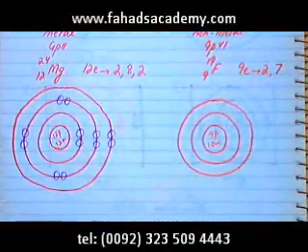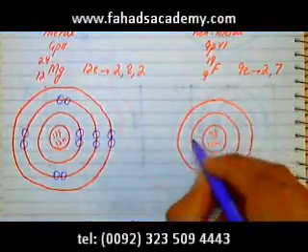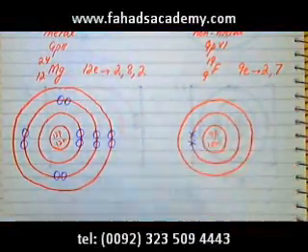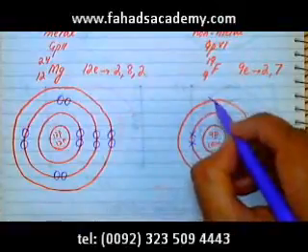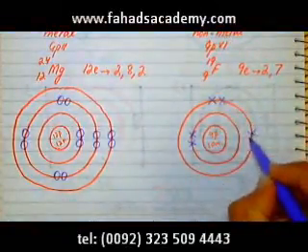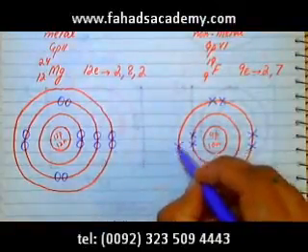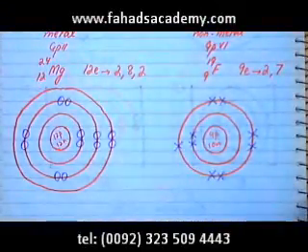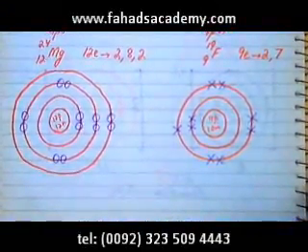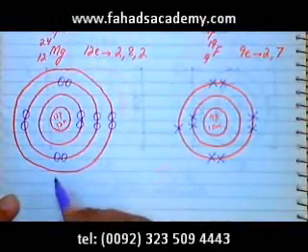So that's your fluorine atom. There would be 2 electrons drawn with crosses in the first shell, and 7 electrons in the last shell. Now for both, the electronic configurations are unstable.